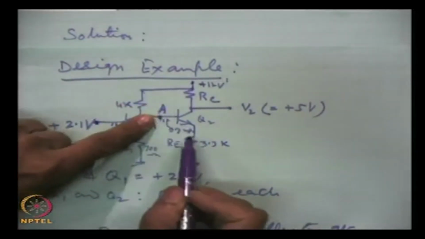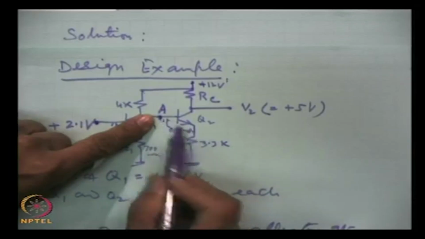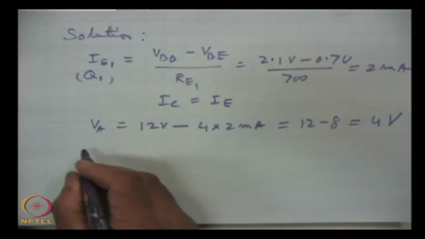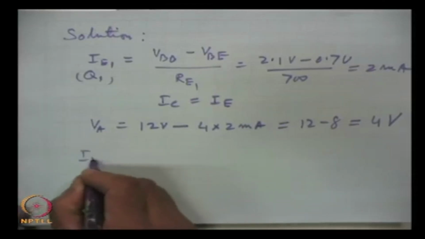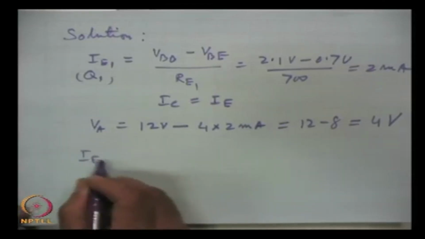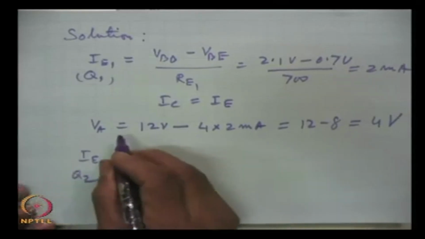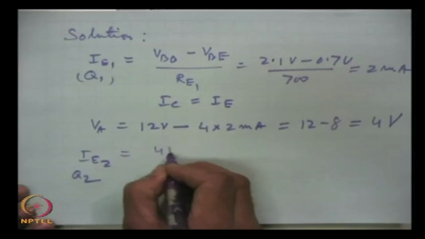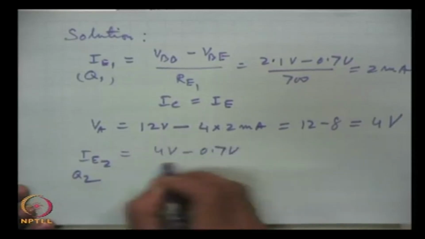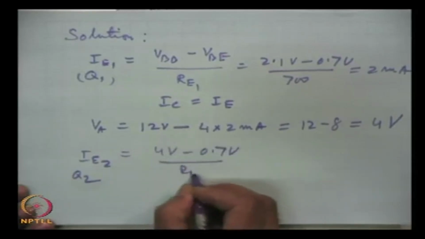Out of 4 volts, 0.7 volt drops across this junction. So IE2, for Q2, will be equal to 4 volts minus 0.7 volts divided by RE.